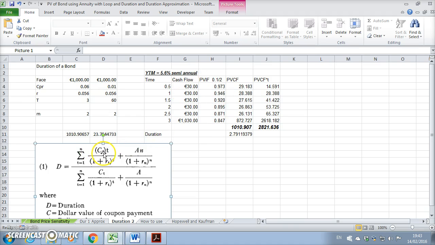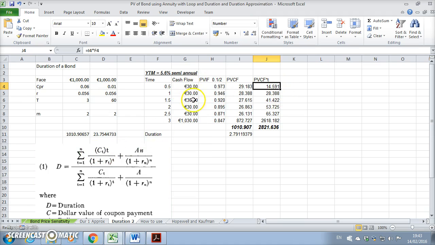we set out the cash flows individually and multiply each of the discounted cash flows by the respective time period, okay, and then divided by the bond price, so the product of the discounted cash flows by the respective time period, summed up and then divided by the bond price, was equal to duration.